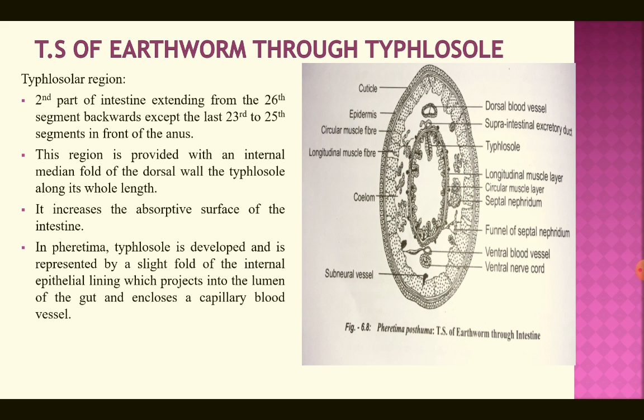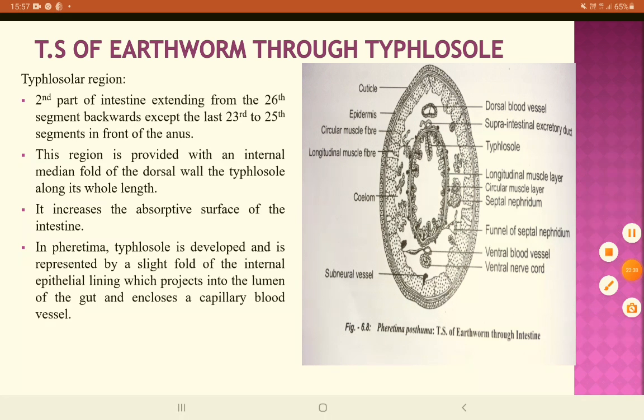I hope you got this point right. So the stomach leads to the intestine, and this intestine starts from the 15th to the 26th segment. From the anterior end, till the 26th segment, it is the pre-typhlosolar region.